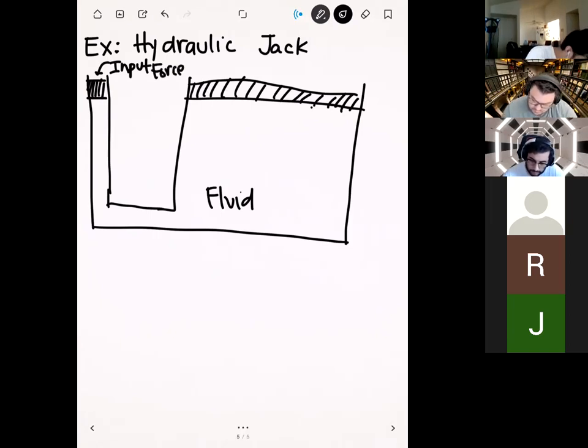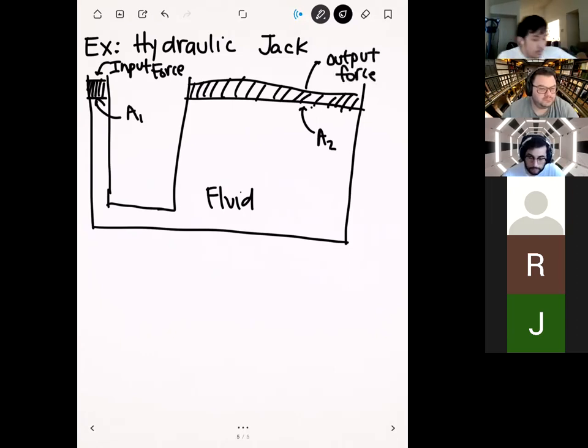We'll say that this piece right here has an area of A1. Over here on the right, we have a much bigger plate, so we have A2 for that plate, and that's where your output force is going to be.